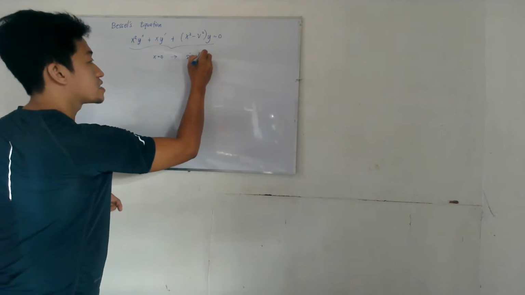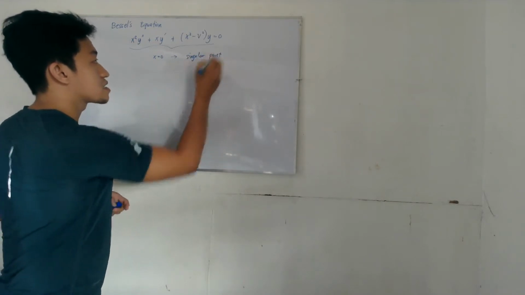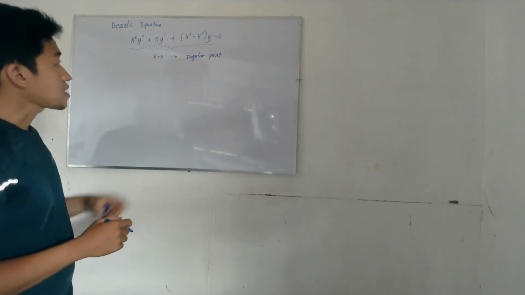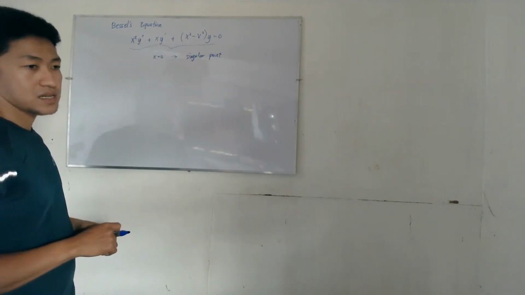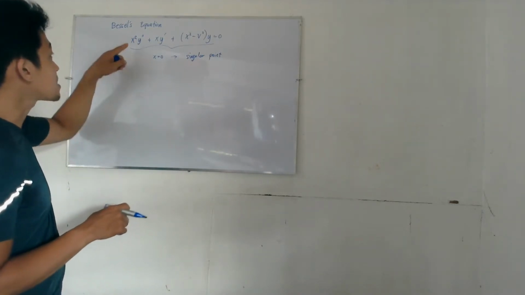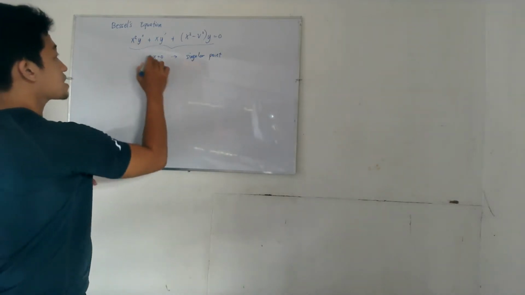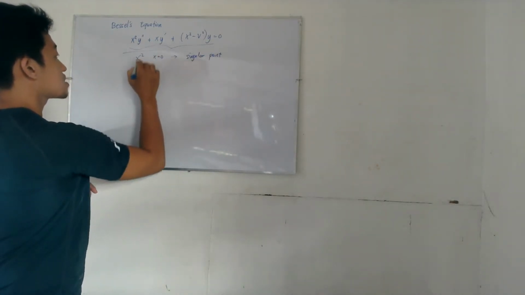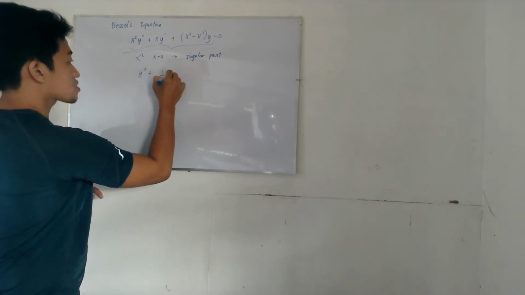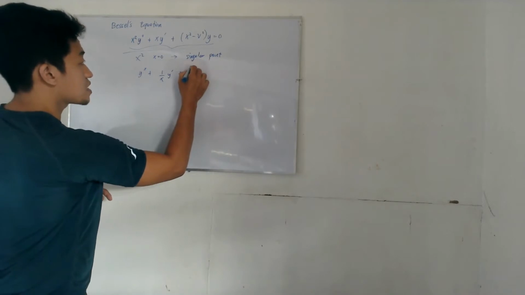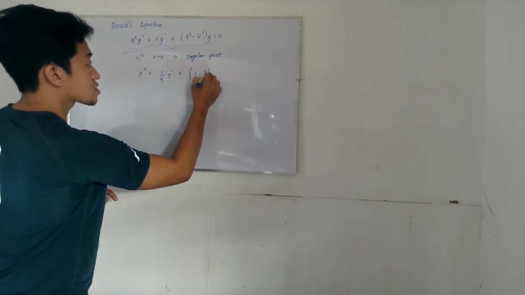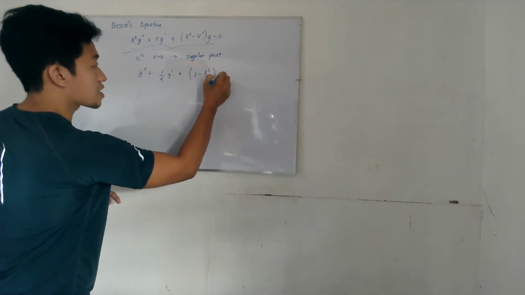What is a singular point? A value becomes a singular point if it will make the equation unsolvable. If you divide this equation by x squared, you will get something like 1 over x y prime plus (1 minus nu squared over x squared) y.